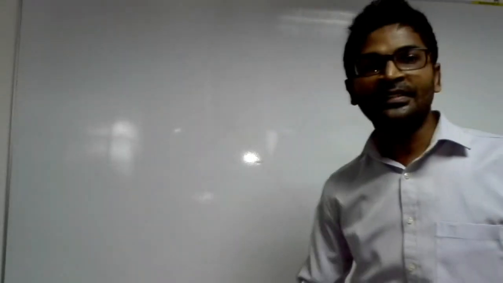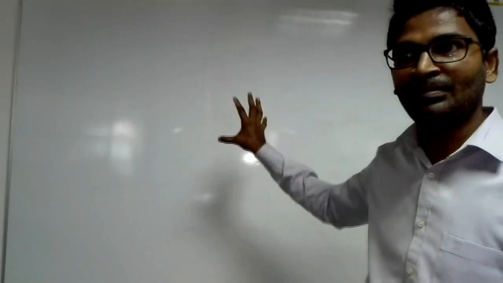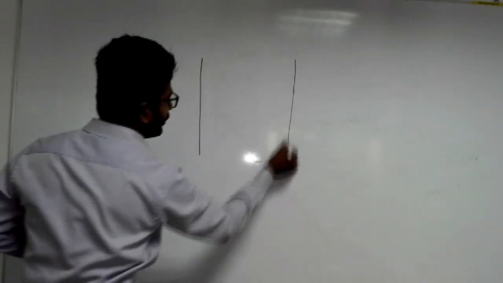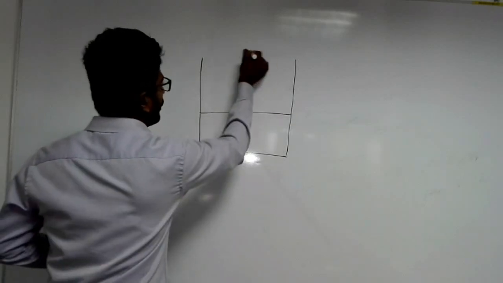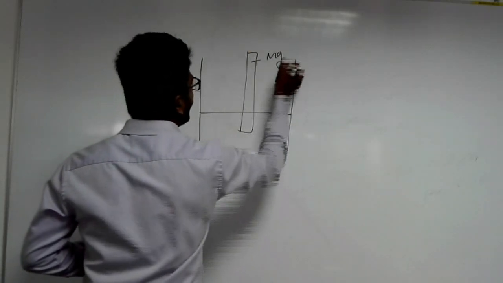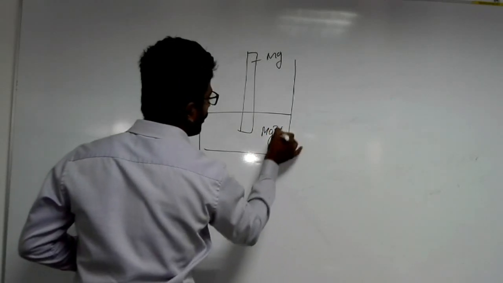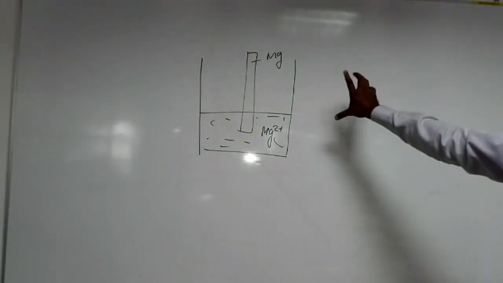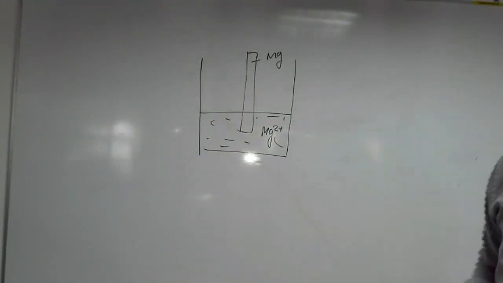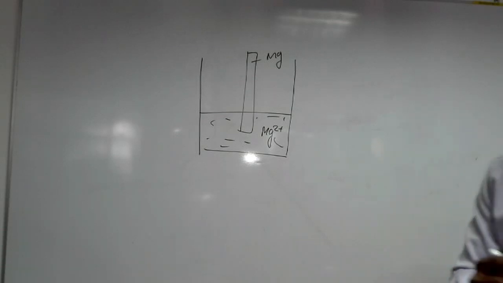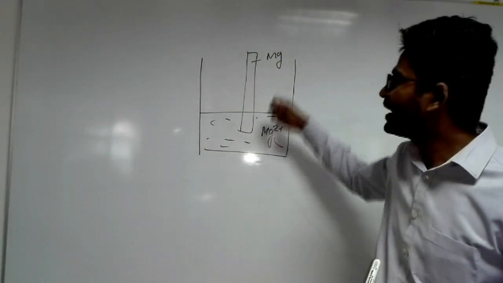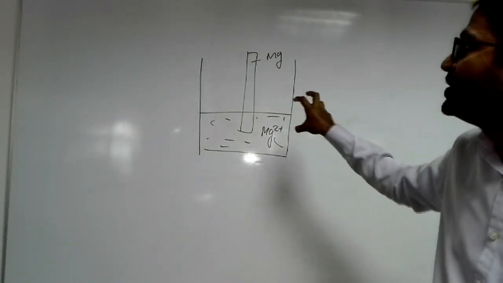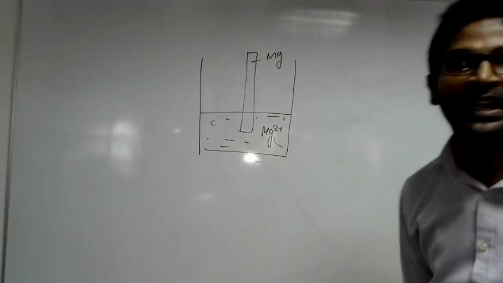Okay, let's think about the magnesium ion electrode. In this magnesium ion electrode, previously I said there exists some electrode potential, but we can't measure the absolute electrode potential of this metal ion electrode.